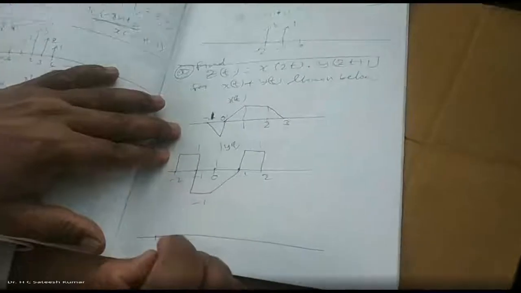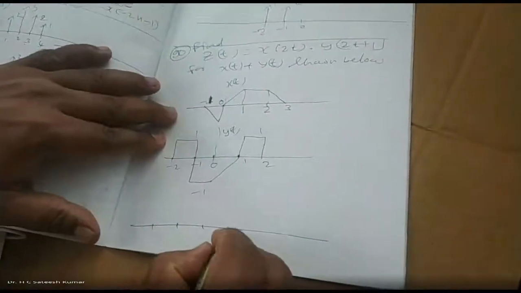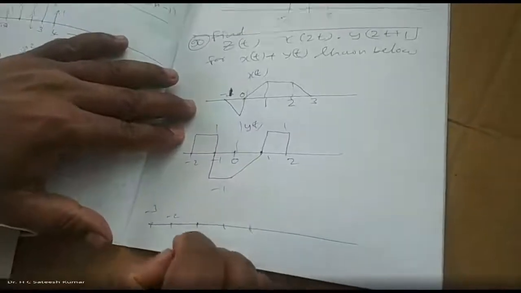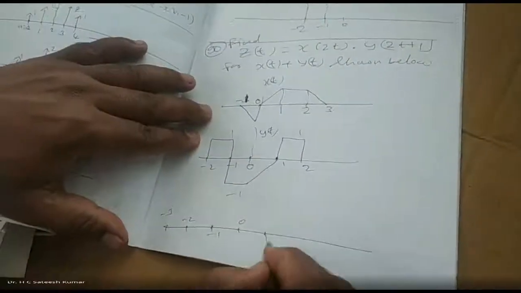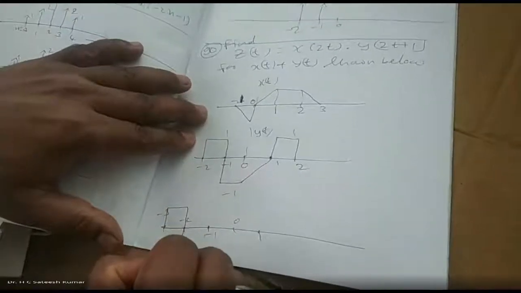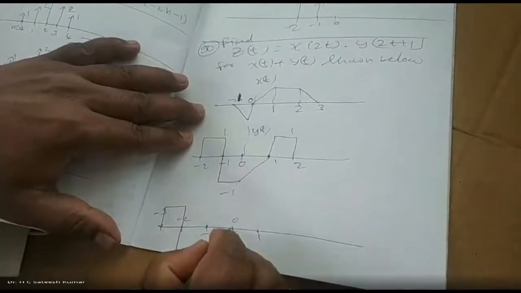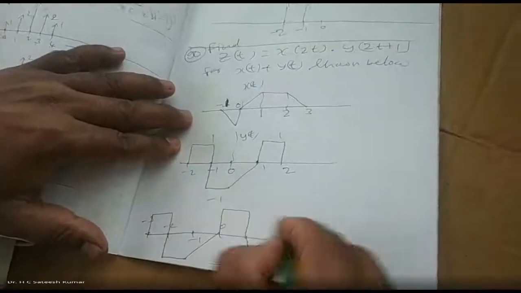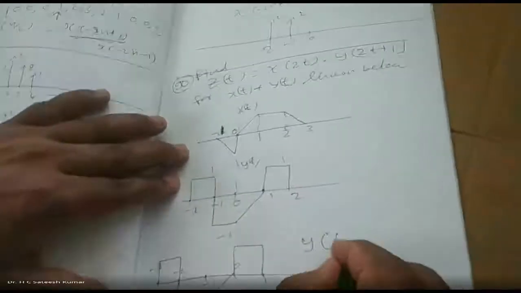Shift left by 1 unit means what? It starts from minus 3, minus 2, minus 1, 0, 1, like that. Okay, it will be like this. Rewrite it as it is. And this is your y of t plus 1.